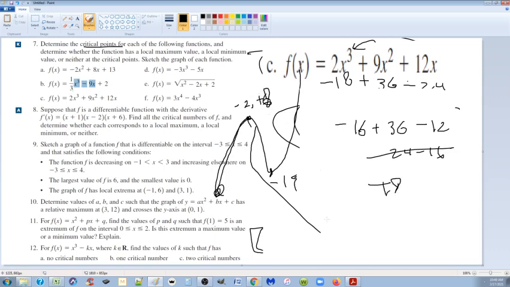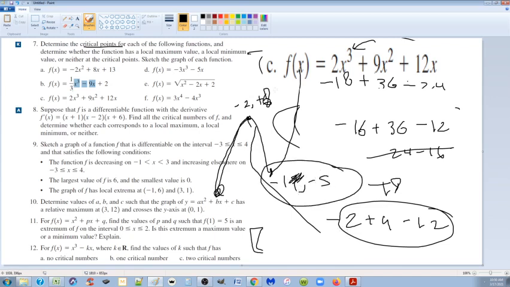And then -1 becomes -2 plus 9 minus 12, which becomes -1. And so that becomes -14 minus 5. So -1 comma -5. So those are the two critical points. That's a max, that's a min. You can tell from their y values as well. What a waste of time that is.